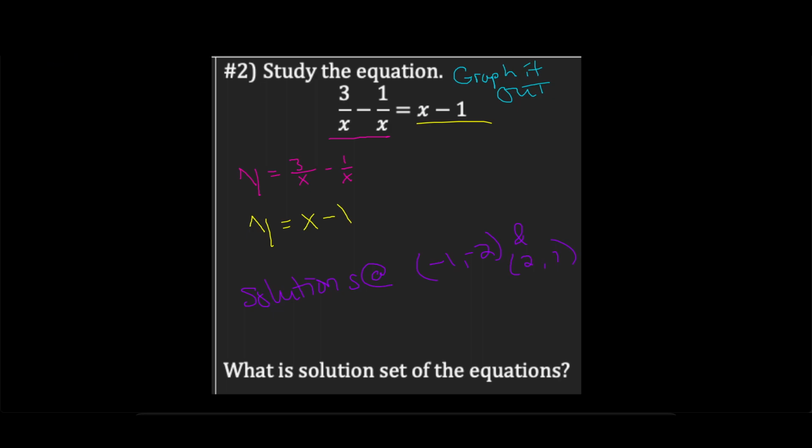Be careful, it will sometimes ask you for the x value. So if you say your x values would be -1 and 2, and your y values would be -2 and 1. But just make sure that you are finding those points. Again, make sure you're answering that question carefully.